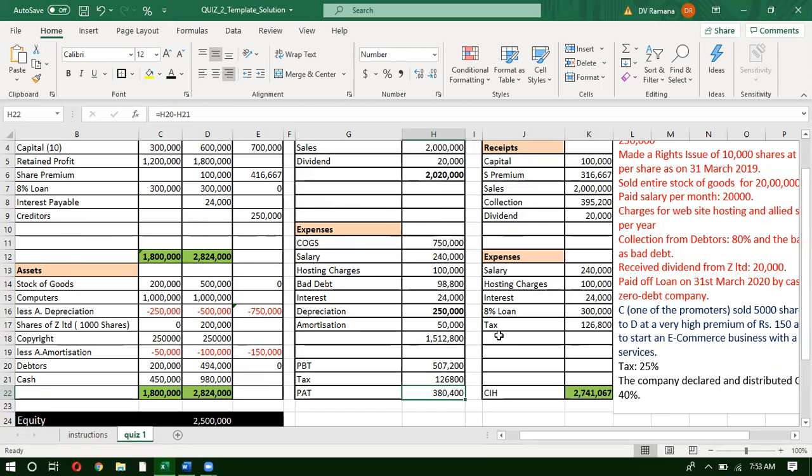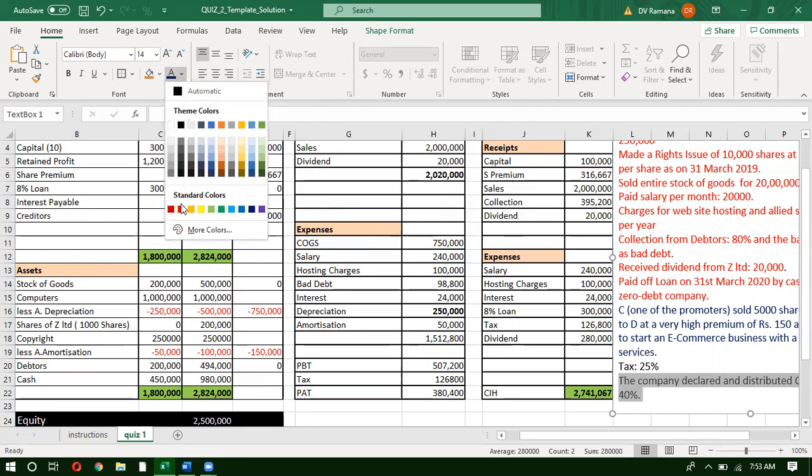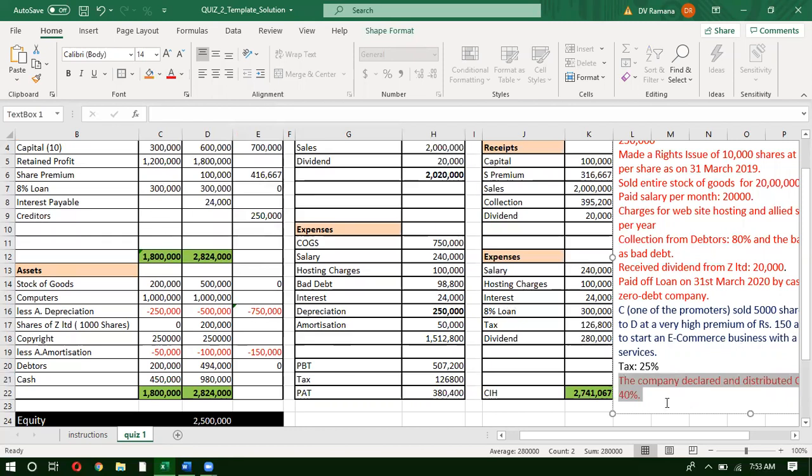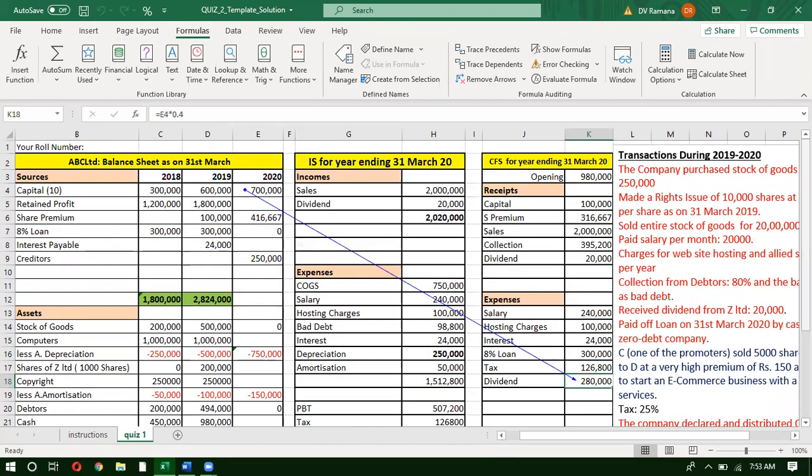and the company declares a dividend of 40%, and 40% is calculated on the capital. So by the default definition of dividend, this dividend is always calculated either per share or on the face value or the nominal value of the capital.